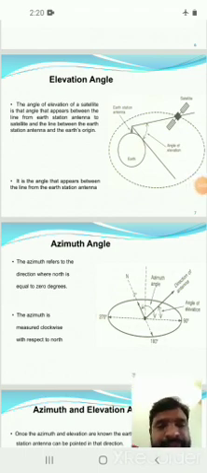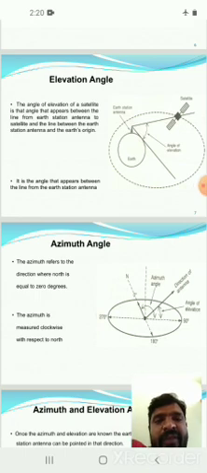Elevation angle. The angle of elevation of a satellite is the angle that appears between the line from the Earth station antenna to the satellite and the line between the Earth station antenna and the Earth origin.